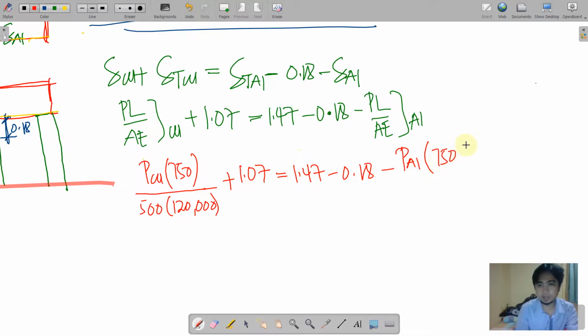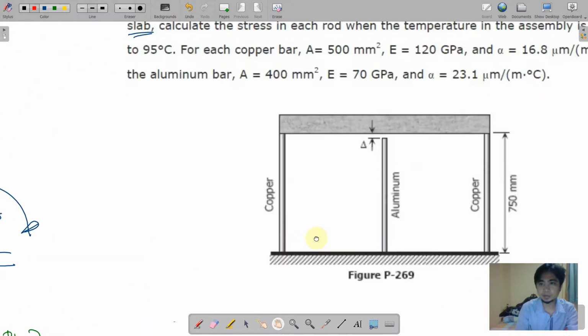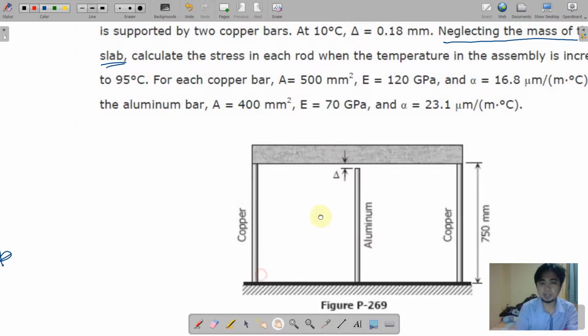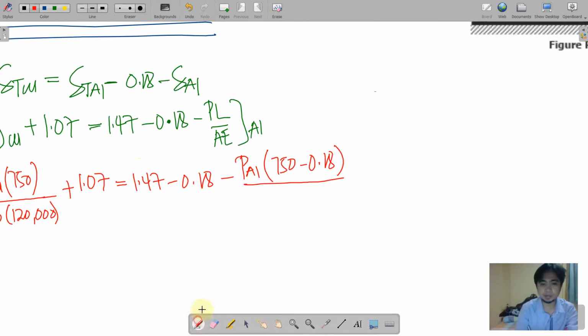So that is 750 less 0.18. The area, we refer to the problem. We have aluminum, E of 70,000 megapascals. So area is 400 and E is 70,000 megapascals.